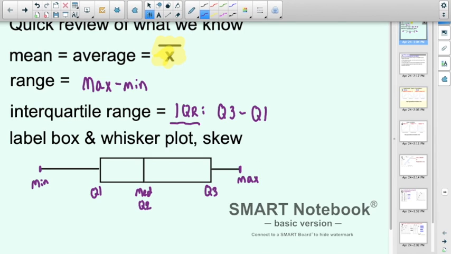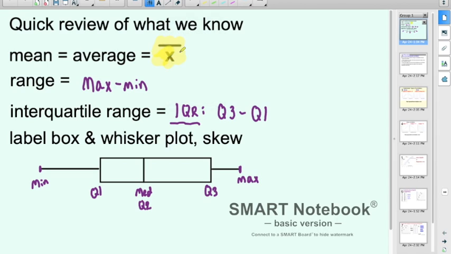So for IQR, just remember that it is the first part of the box minus the last part of the box. So it's Q1 here and Q3 here. Okay, so Q3 minus Q1. That's where IQR comes into play.